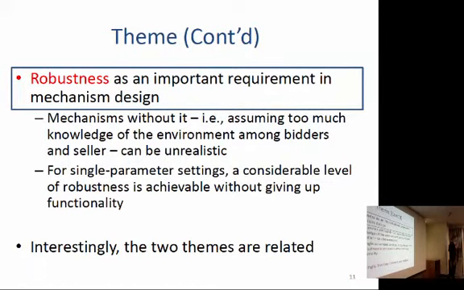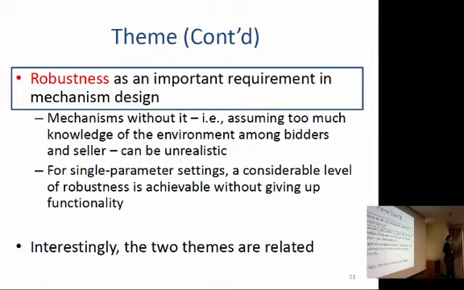So I want to claim that robustness is an important design concept when we design mechanisms, in the sense that if you design a mechanism that's not robust, that is, it assumes that either bidders or seller know a lot about the environment and the distributions in the environment, this can be unrealistic.